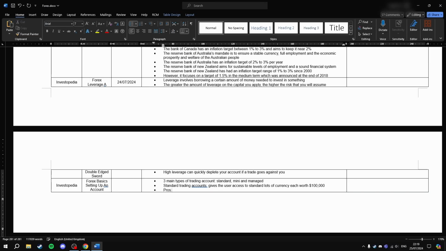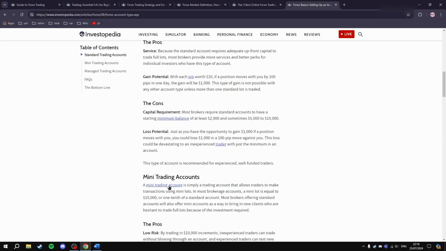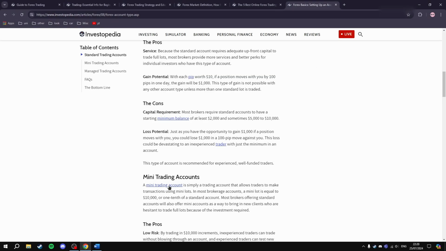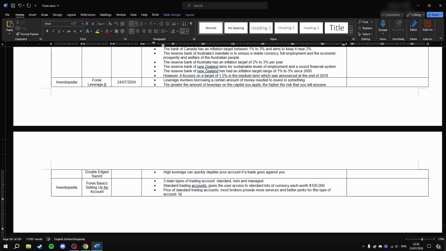So, pros of standard trading accounts: most brokers provide more services and better perks for this type of account. Gain potential: high gain potential.